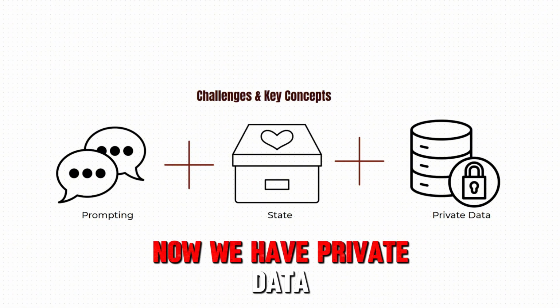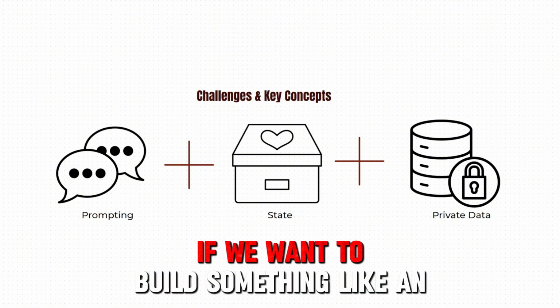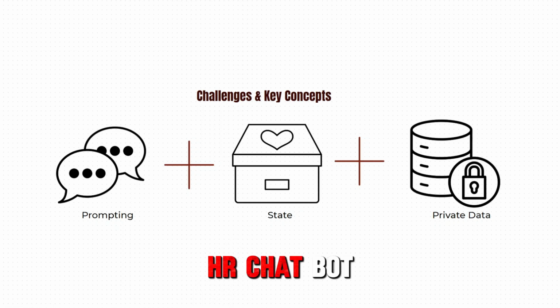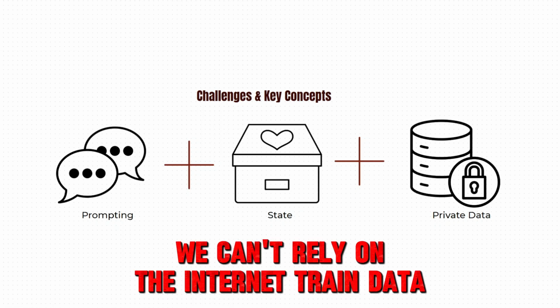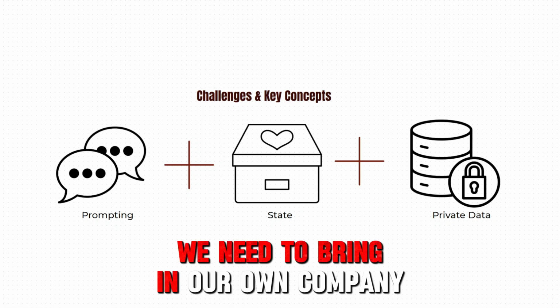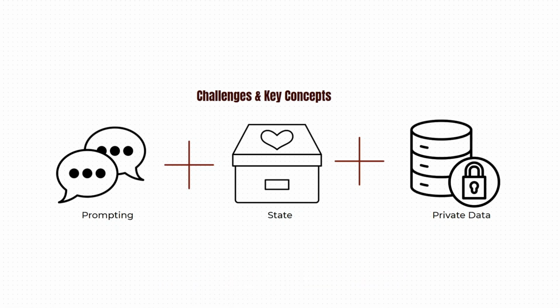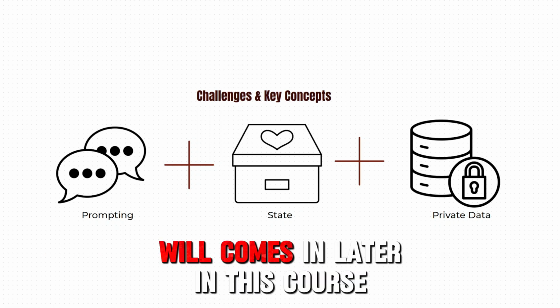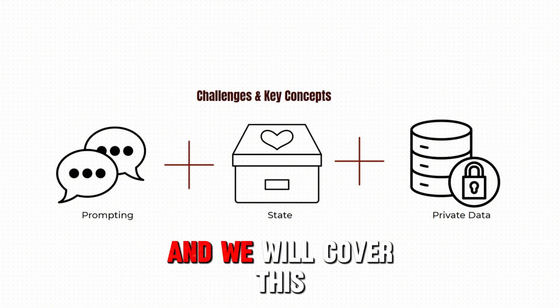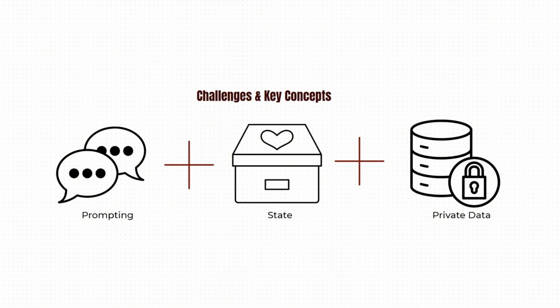Then we have private data. If we want to build something like an HR chatbot, we can't rely on internet-trained data. We need to bring in our own company data. That's where RAG, which is Retrieval Augmented Generation, comes in later in this course, and we will cover this in detail later.